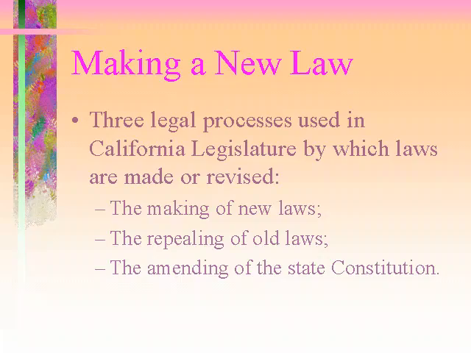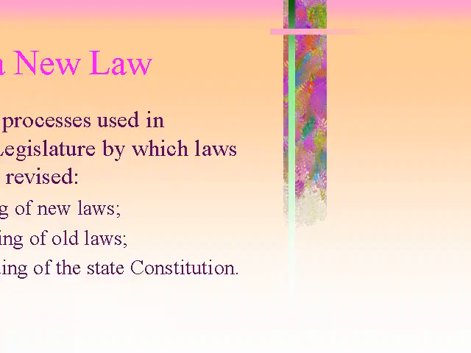Making a new law. There are three processes that are used by California, and I'm going to speak directly about California, by which laws are made or revised. The first is the making of new laws. The second is the repealing of old laws. And the third is the amending of the state constitution. There are two legal approaches.